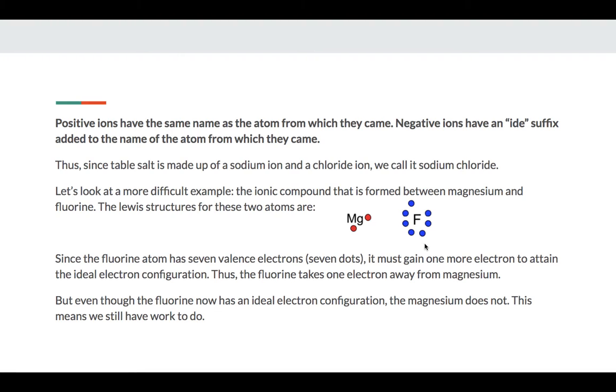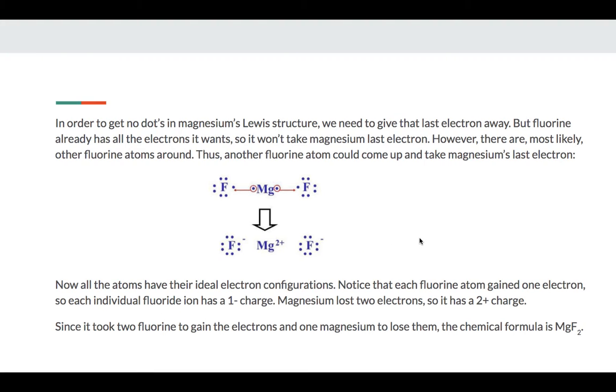But even though fluorine has the ideal electron configuration now, the magnesium does not, right? Because it took 1 away from magnesium, it became ideal, but magnesium still has 1 left over. So, in order to get no dots in magnesium's Lewis structure, we need to give that last electron away.